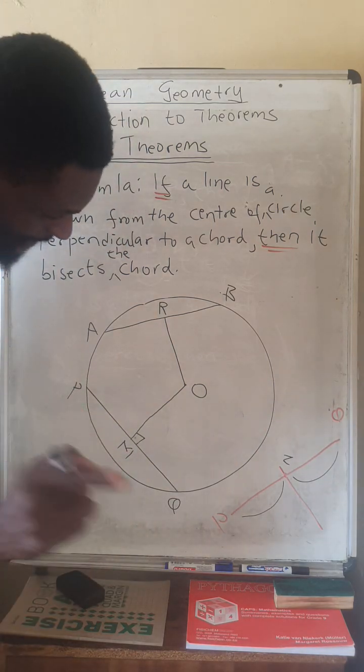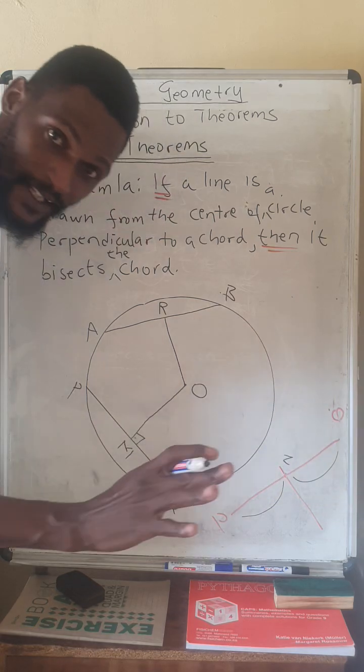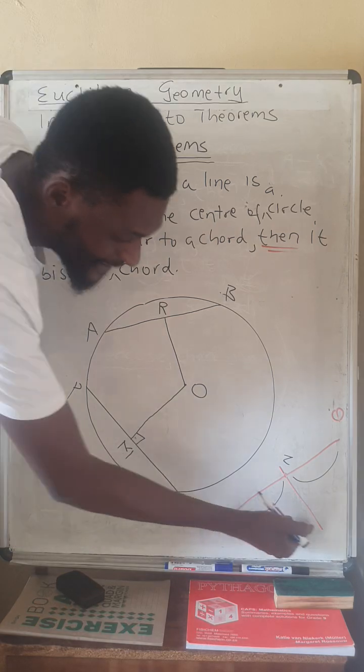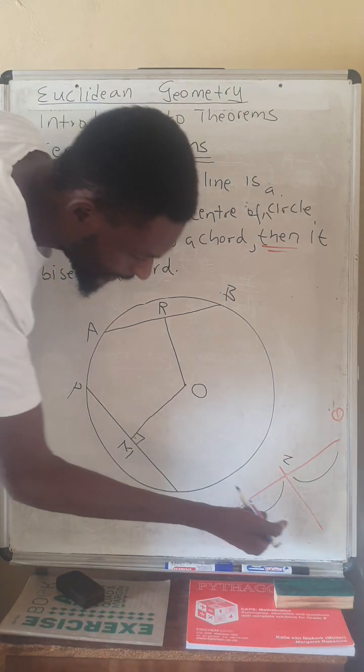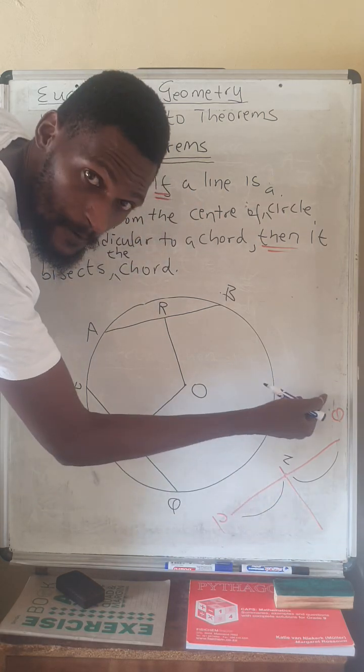But in this case, I'm not going to say portion PZ and portion ZQ are equal, unless you tell me that this line bisects PQ.